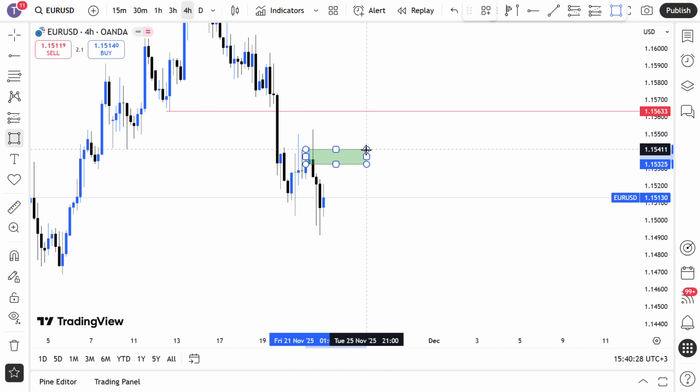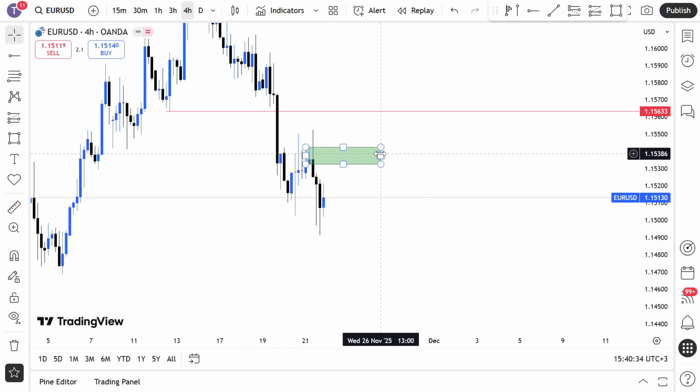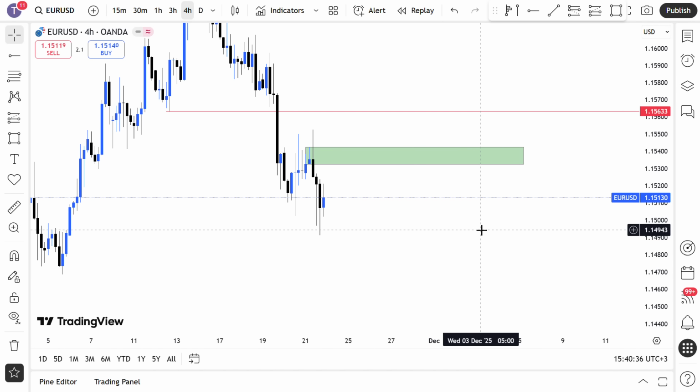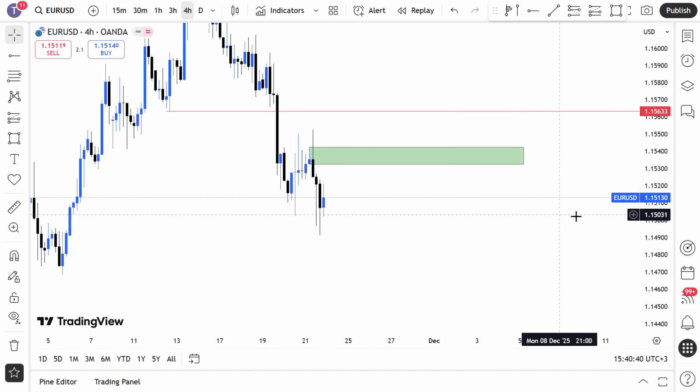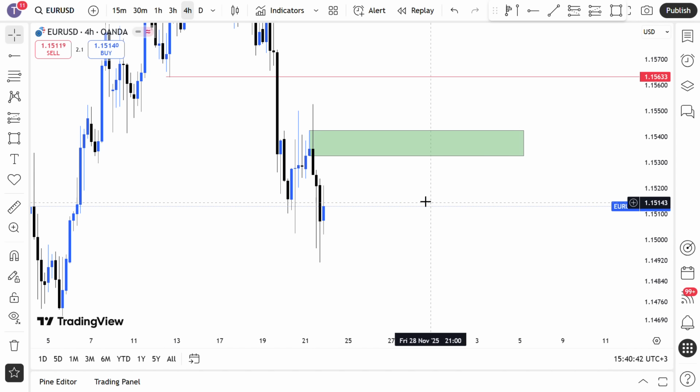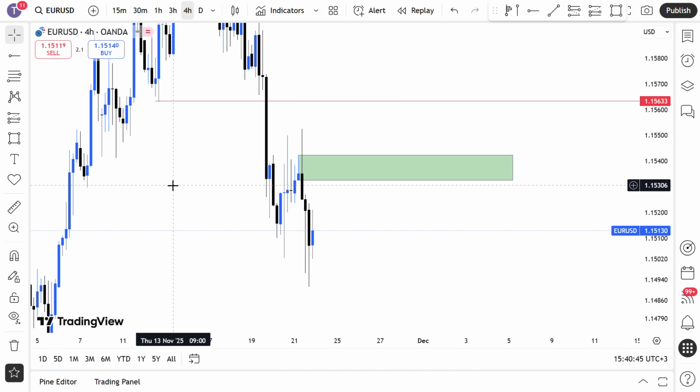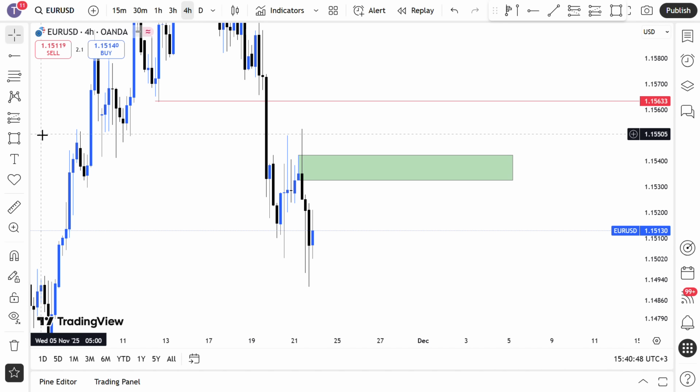I want to see price coming back into this order block, and then a change of character, a confirmation. For those who do not have a specific confirmation to use, you can use a change of character or a candle confirmation that you choose.